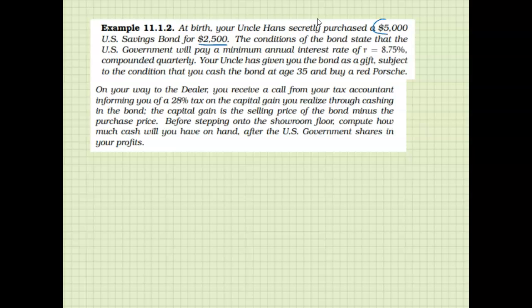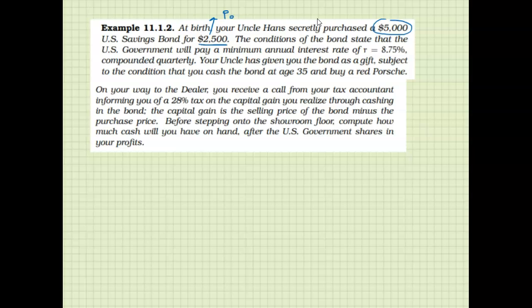I'm not sure what this $5,000 is all about. I'm not sure if this is a type of bond or something. I don't know that much about bonds, but this is the initial value. This is P0.